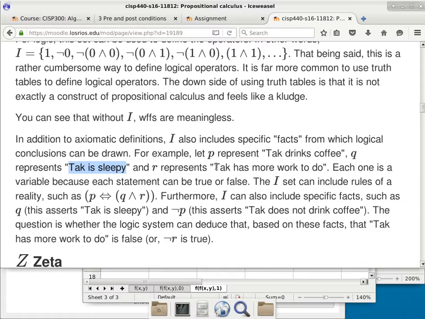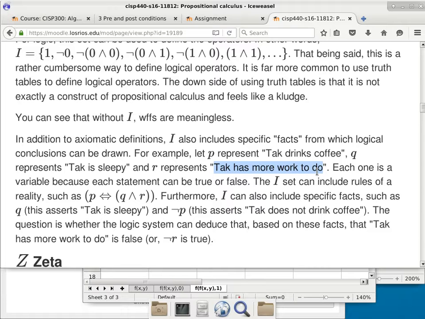R is defined to be Tag has more work to do. Once again, it can be true or false. So all of these things are variables, and that's why I choose to use the symbols P, Q, R instead of the Greek symbols, because the purpose of the Greek symbols is that they can be constants, they can be variables, they can be any well-formed formula.